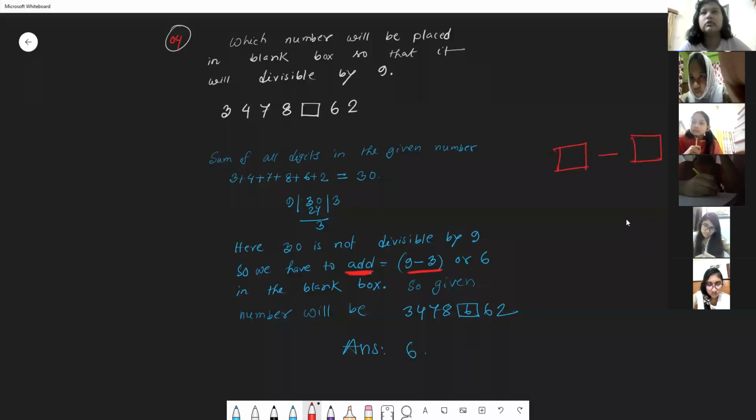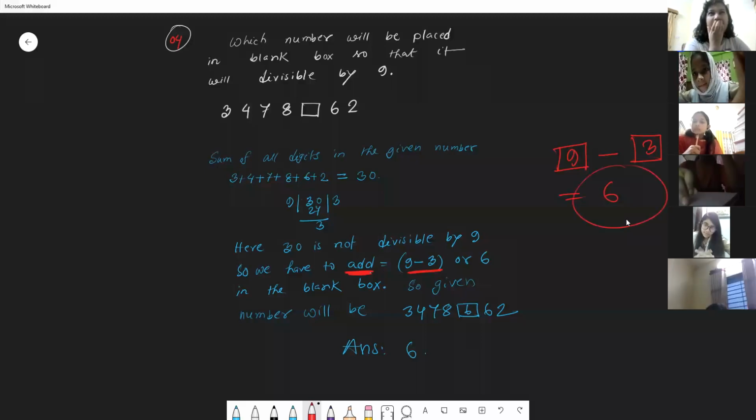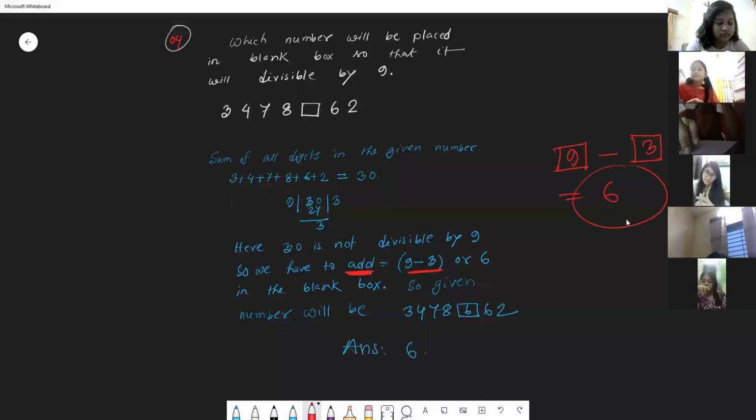The divisor is 9 and the remainder is 3, and their difference is 6. So 6 will be added in the blank box. Clear? Sometimes you may be confused by seeing the word add, but in the calculation we see subtraction. Also, you can write the wording as we have to place, instead of add. It's also okay.